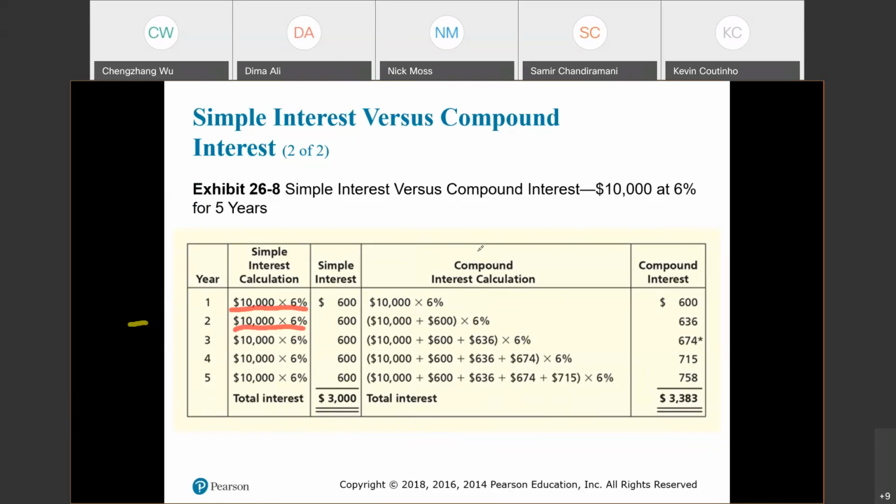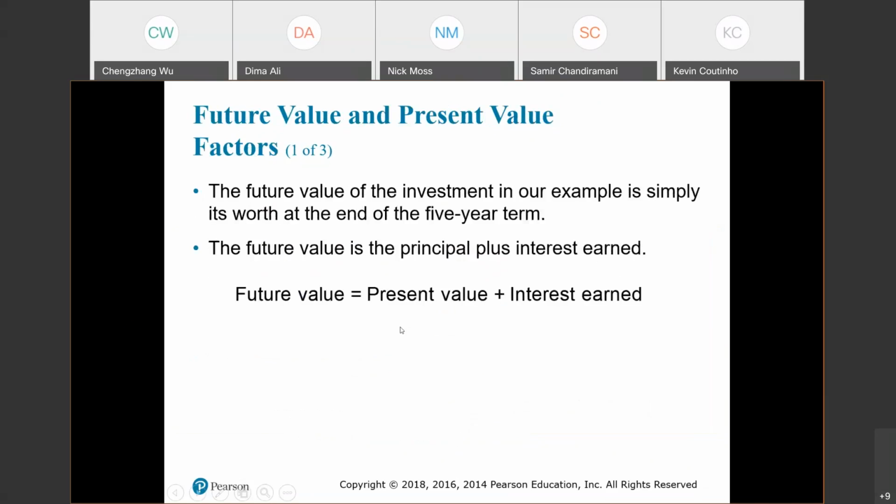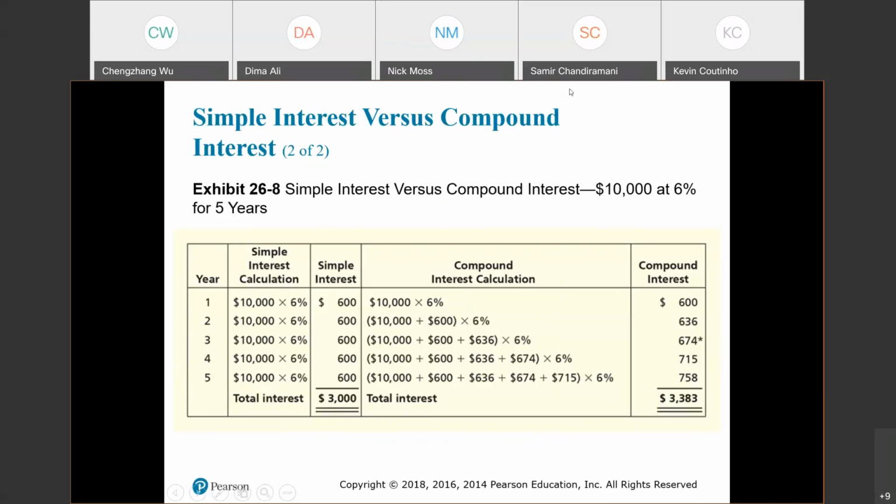While on the fourth and fifth columns, you can see for the first year, the calculation is the same as simple interest, while in the second year, the calculation is different. It uses the initial investment, which is $10,000, plus the interest earned in the first year, which is $600.